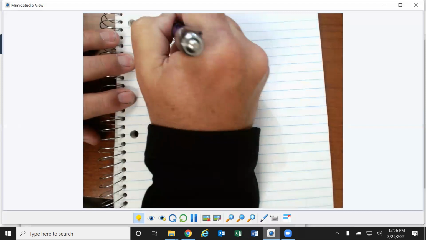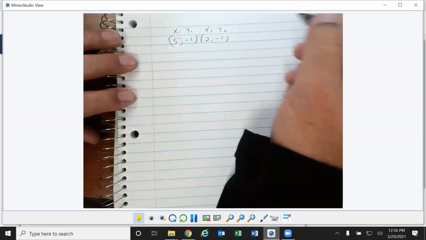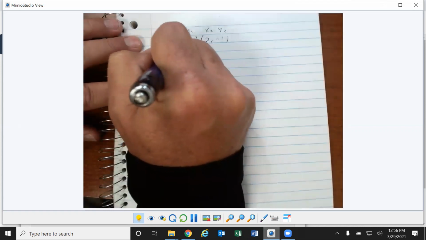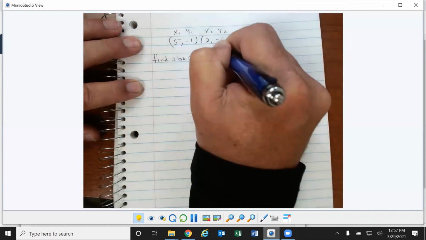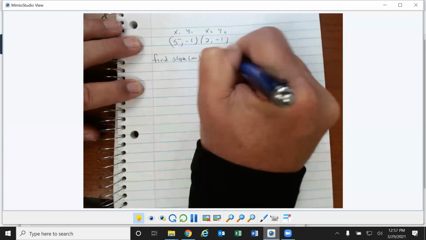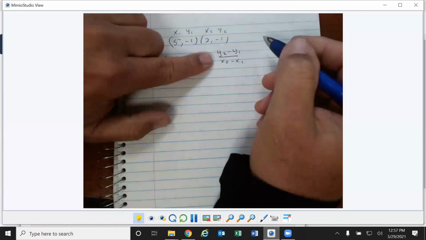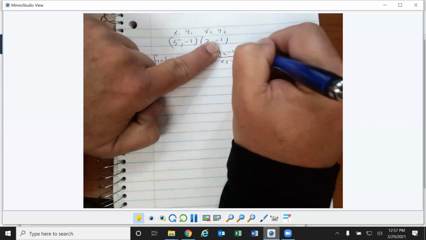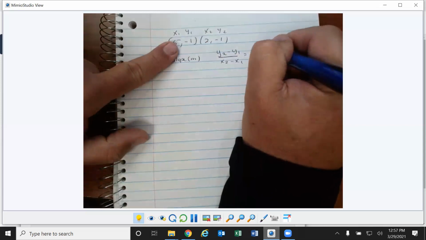I'm going to label it x1, y1, x2, y2. I need to find the slope first, which is y2 minus y1 over x2 minus x1. So here we go. My y2 is a -1, the minus in the middle, my y1 is another -1.